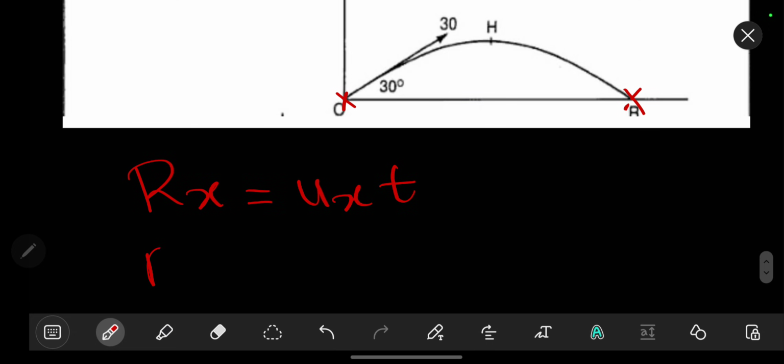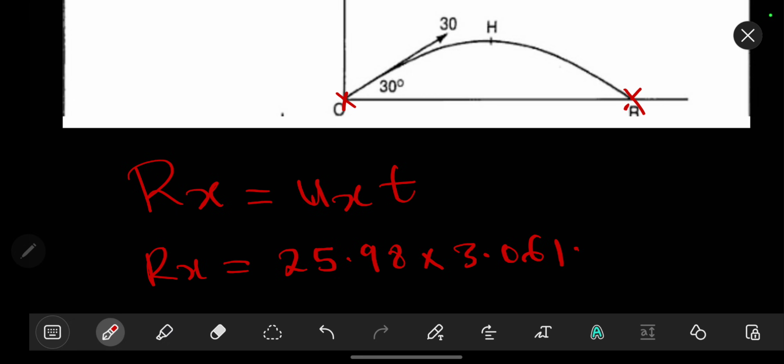So the range will be equal to, we know that ux is equal to 25.98, and we multiply by the flight time. This t is the flight time, which is 3.061 seconds. So we are going to multiply this value by 25.98.